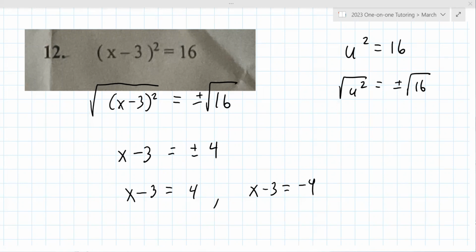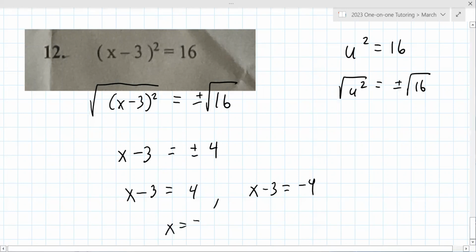It'd be 7, comma, minus 1. Yes, sounds right. x equals 7, x equals negative 1. Perfect.